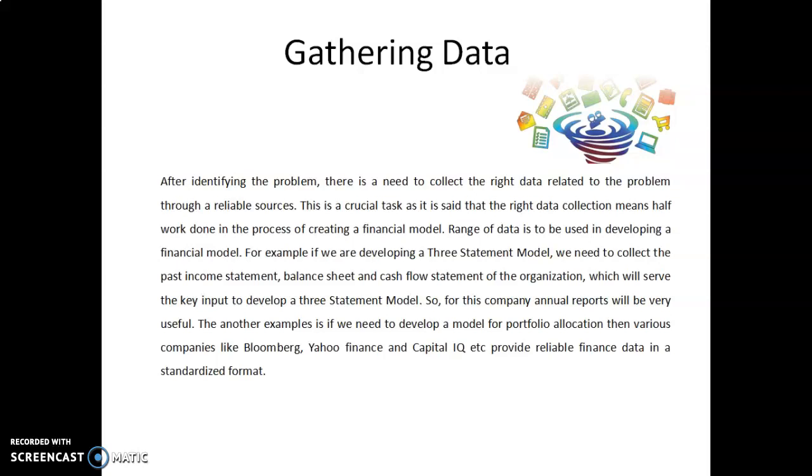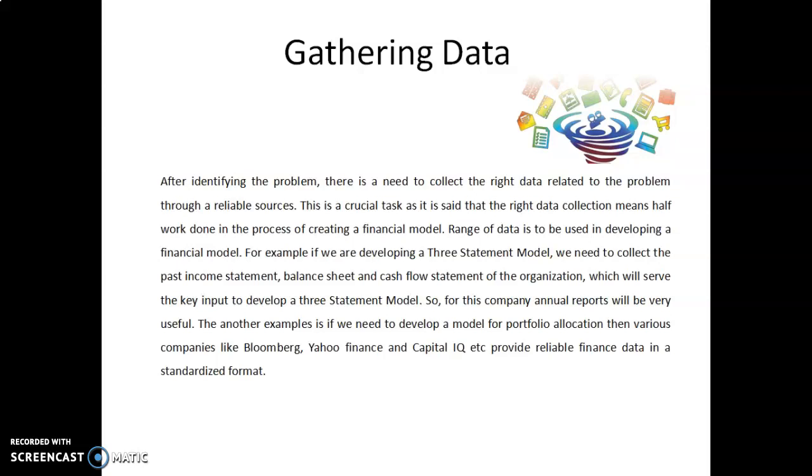If you are doing three-statement analysis, or developing a three-statement model, then you could directly ask the company for the income statement, balance sheet, and cash flow statement of the organization so that you can build a correct model. It's not that you assume the assets and liabilities or the expenditure of the organization yourself.